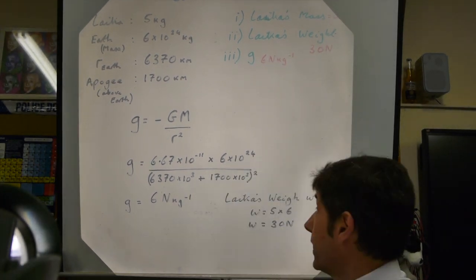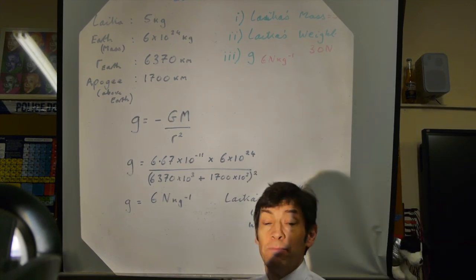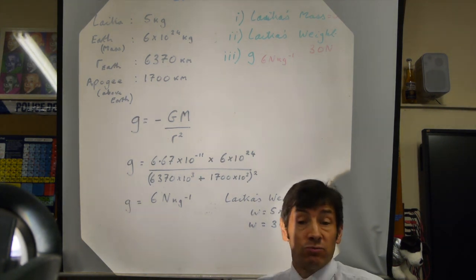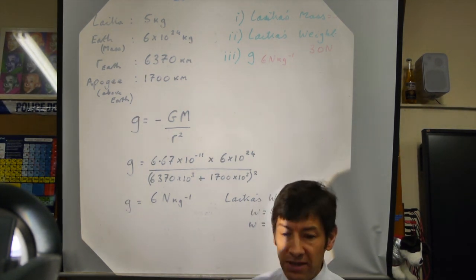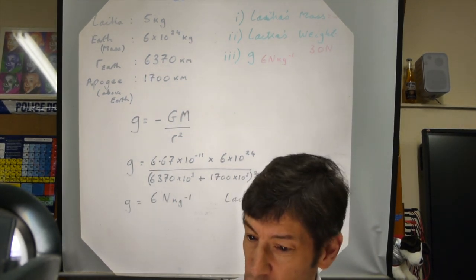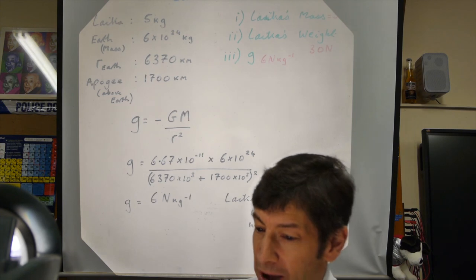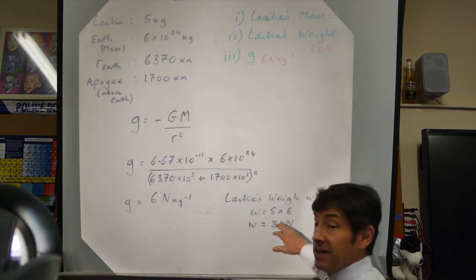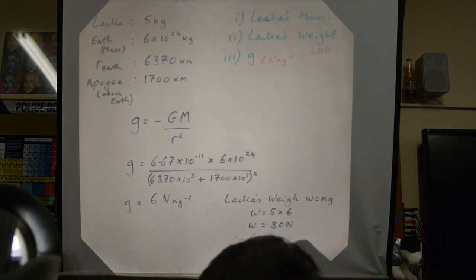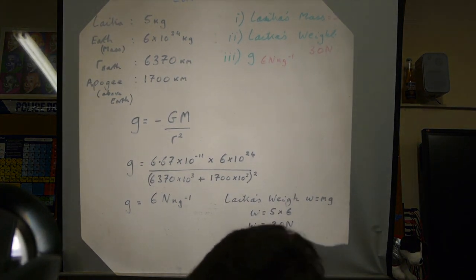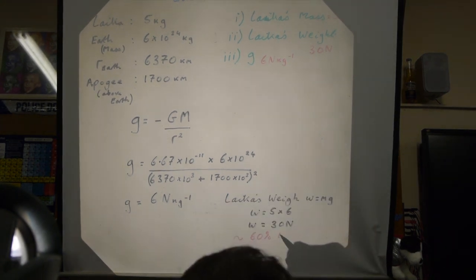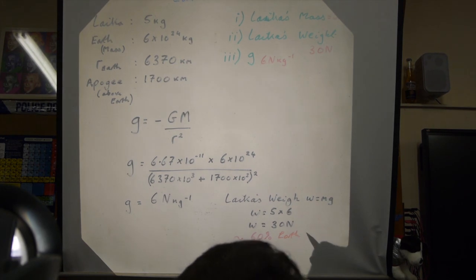I'm not going absolutely mad with significant figures here, but units, guys, make sure you always put the units on things. Otherwise, we don't know, is it in kilometres, is it in metres, and what have you. She was on Earth about 50 newtons. She's now 30 newtons, so she's approximately 60% of her Earth weight.